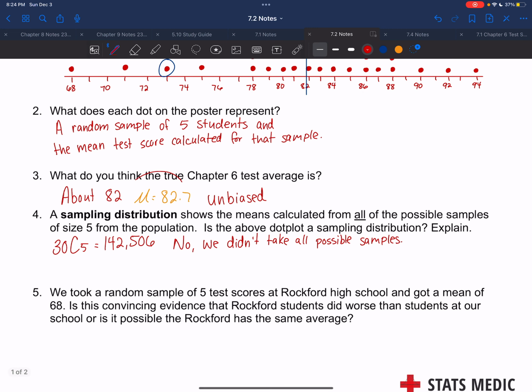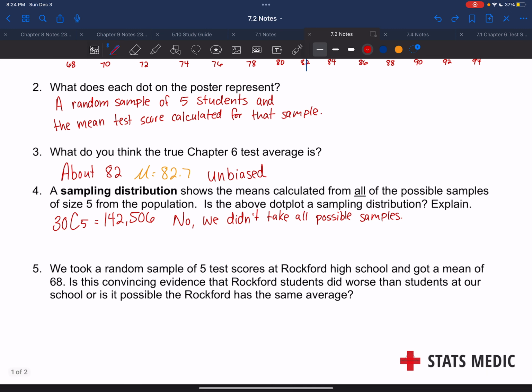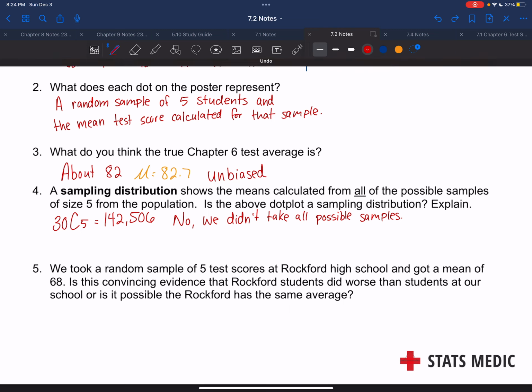Our average was 82.7. Their average was 68. All right. So obviously 68 is smaller than 82.7. So does that give us convincing evidence that they did worse than us, or was it just random chance that they did worse, right? So anytime you're given a question like this, it's asking, is it possible that Rockford has the same average? All right. So let's just assume that's true.